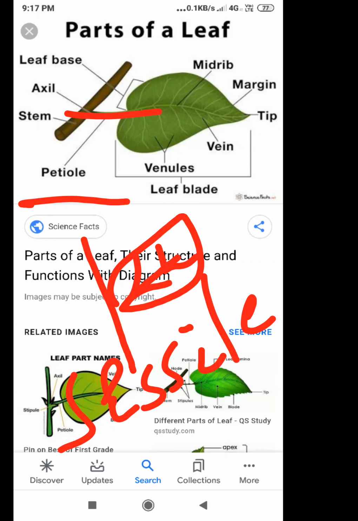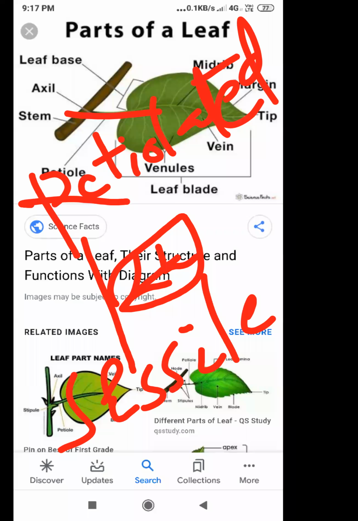One is petiolated: if the leaf has a stalk, we call it petiolated. If it does not have a stalk and the leaf is directly attached to the stem, then we call it sessile.